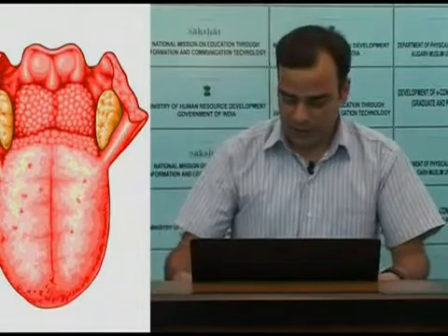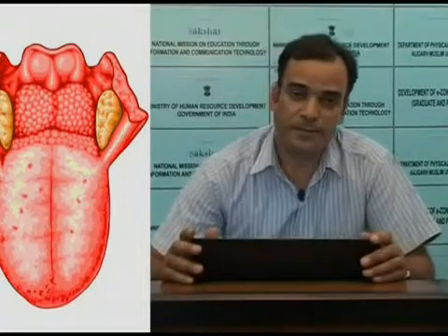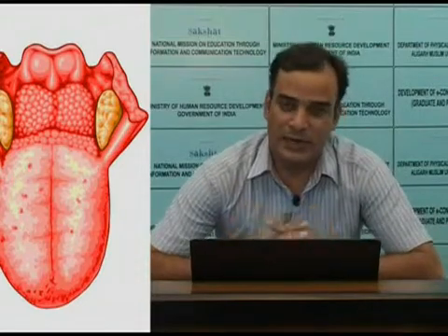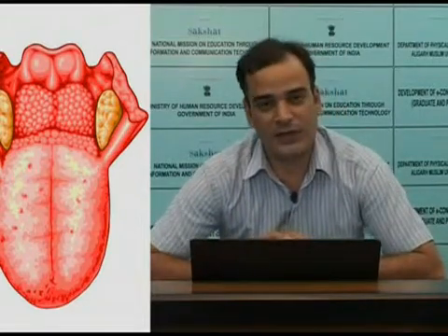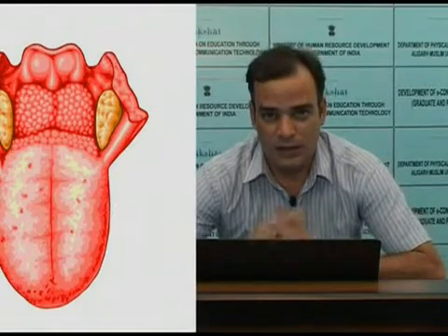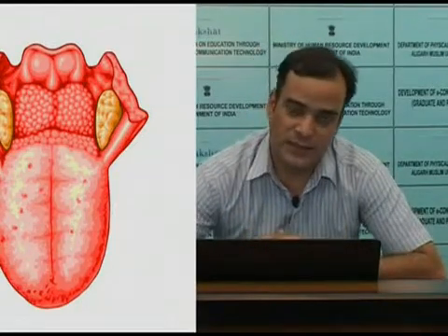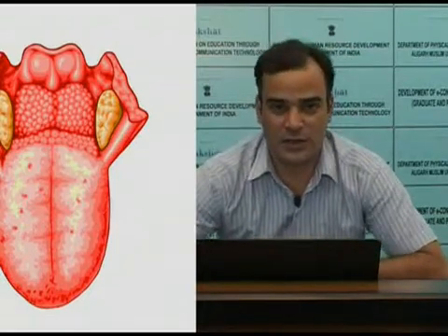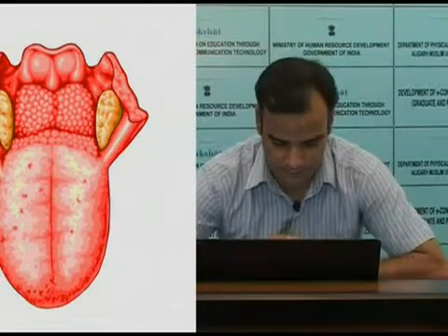Now, apart from this muscular structure of the tongue, the lining of the tongue or the mucosa of the tongue is very special. The surface of the tongue, especially the superior surface or the dorsum of the tongue, is covered by a special structure called the papilla of the tongue.